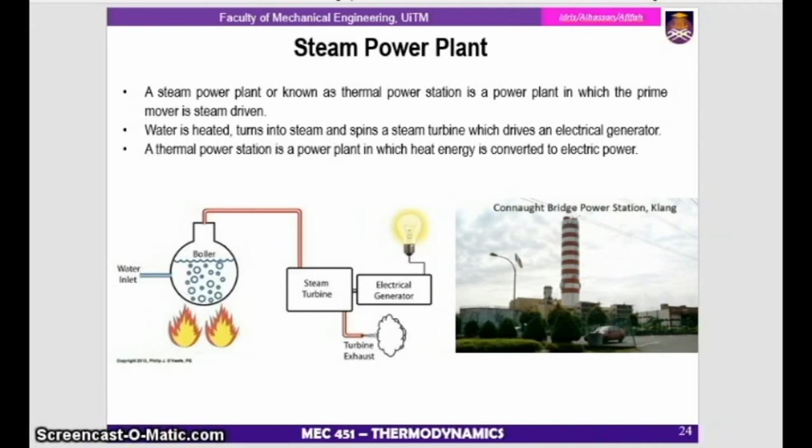The turbine rotates based on how much energy from the steam is produced, and then it is connected by the shaft to the electrical generator, and this generator will give us electricity.